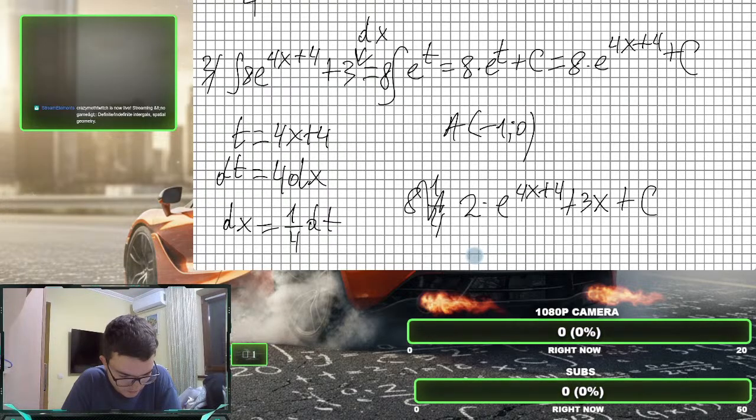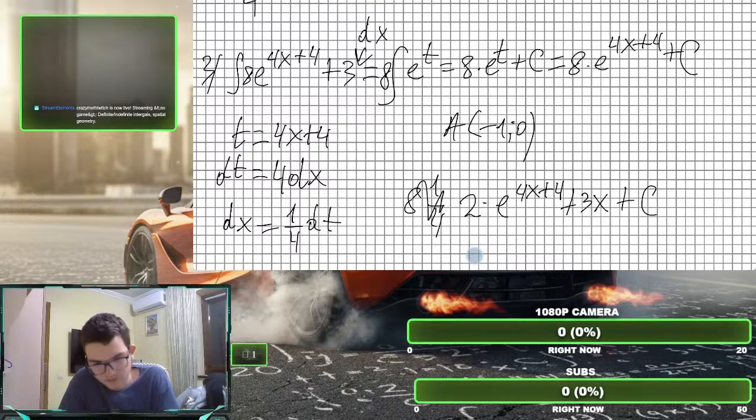First integral, this is what you have. Use the substitution, and you get this, right? Correct. And now for the second one, it's just 3x.